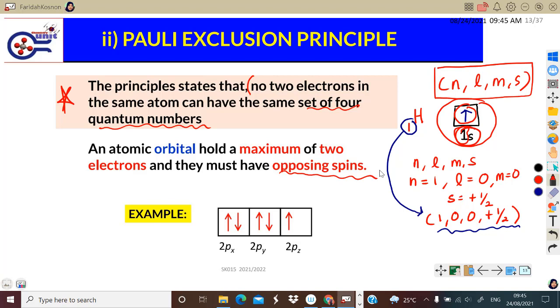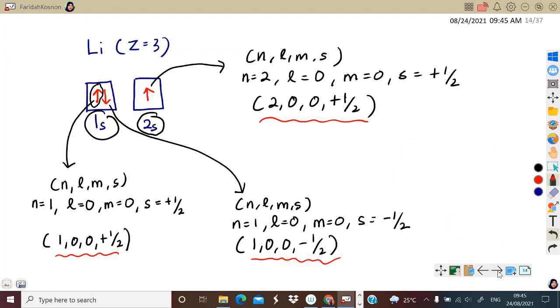That is the idea for Pauli's exclusion principle. Okay, class, next, continue with the next slide.